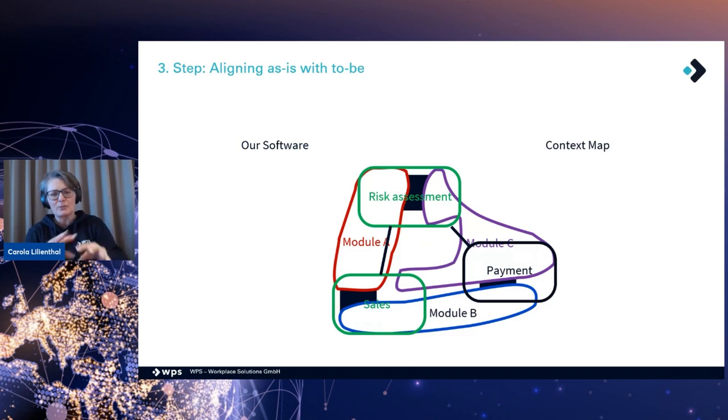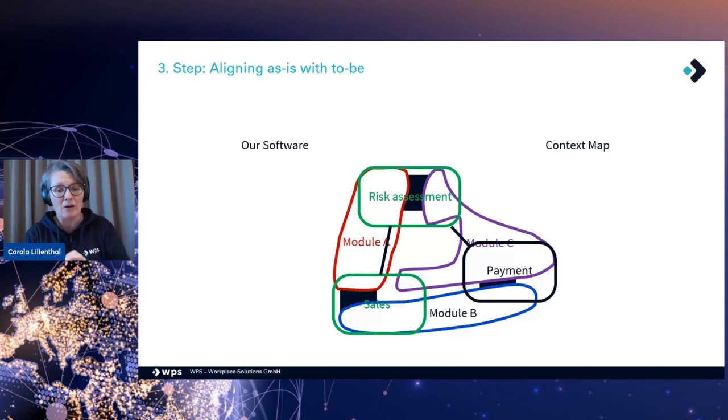Bounded contexts, which should represent a structure of high cohesion in the context and loose coupling between the contexts, is not present here. The module structure must therefore be fundamentally questioned anyway. And this is, of course, an extreme example, I must admit, but I wanted to make clear the difference between the as-is and the to-be.